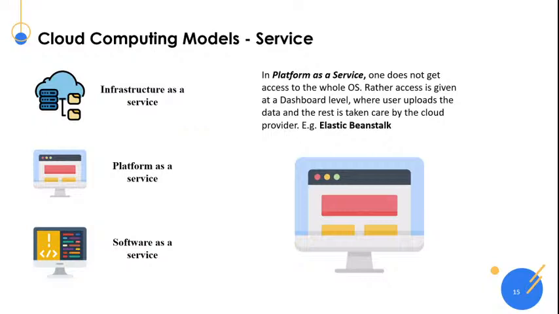It is contrary to what we got in infrastructure as a service. Here, I don't get access to the operating system, but what I do get is kind of like a dashboard, right? I'll show you that in practical also.